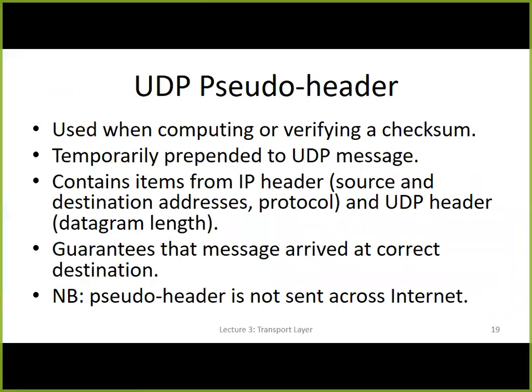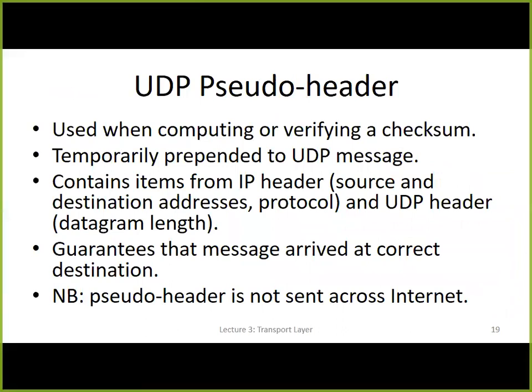So let's talk about this notion of a UDP pseudo header. The UDP pseudo header is used when computing or verifying a checksum, and it's temporarily prepended to a UDP message. It's called a pseudo header because it contains items from the IP header, like the source and destination IP address, as well as the protocol carried in there.